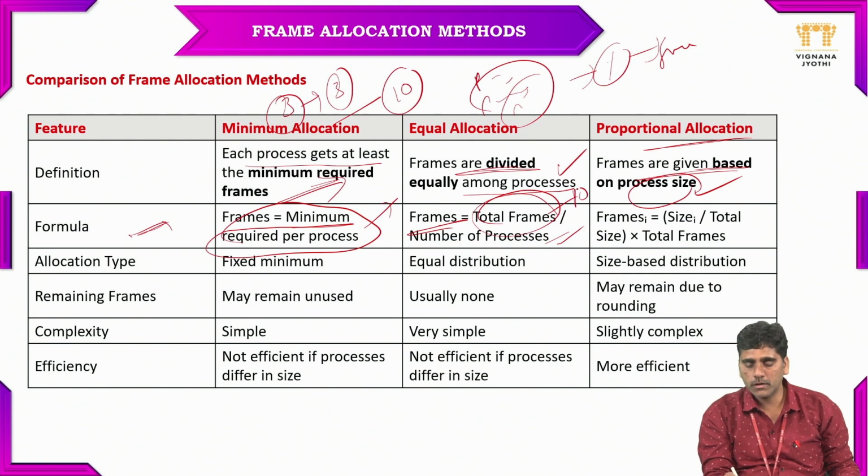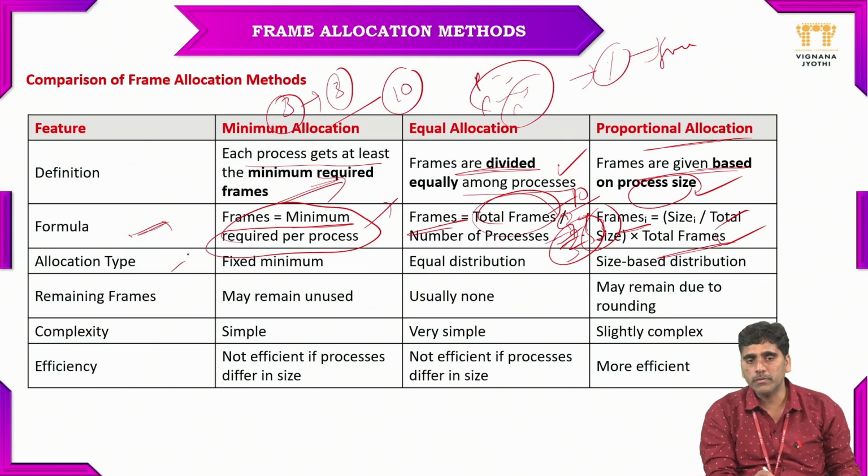Suppose total frames are 10 divided by 4 processes, that is 2.5, or 9 by 3, then 3 frames for each process. And for proportional allocation, frames equal size divided by total size into total frames. This is the proportional allocation formula.